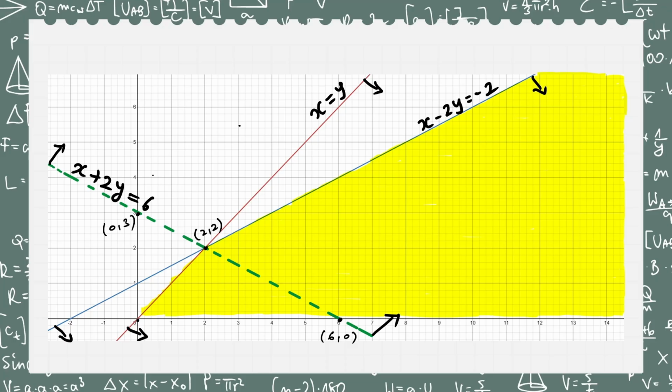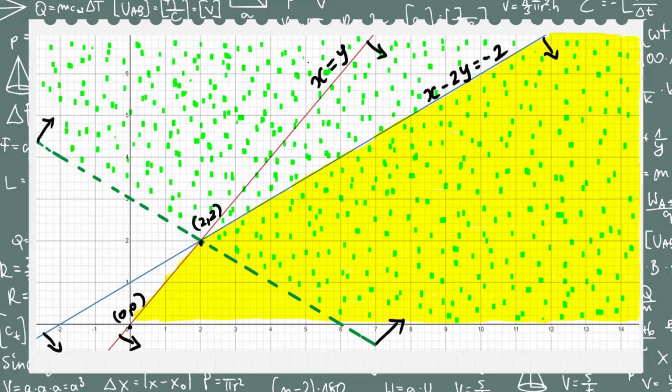When we take the origin and check this inequality, we have 0 plus 0 greater than 6, which is not true. So the origin side is not the feasible region for this inequation. So we have to choose the above side of this green dotted line. That's how we have drawn this up arrow towards the side which doesn't contain the origin. When we draw that, this green dotted region is our feasible region according to this green dotted line.